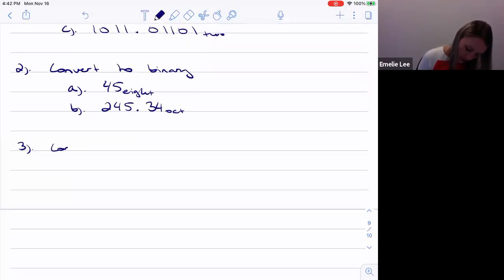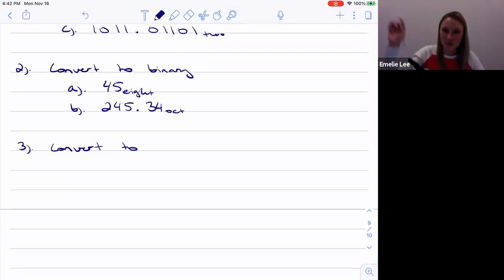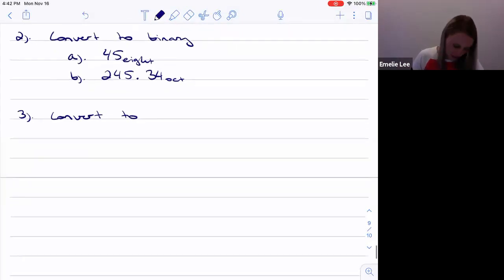Number 3, convert to hexadecimal. I always want to combine my words. If a word ends on the same letter that the next word starts with, my writing just wants to combine them. I don't know what it is.